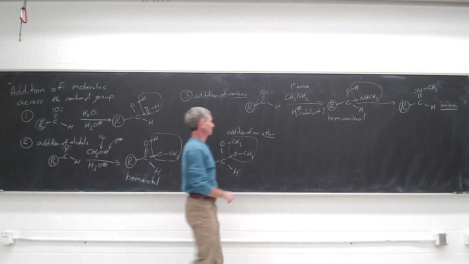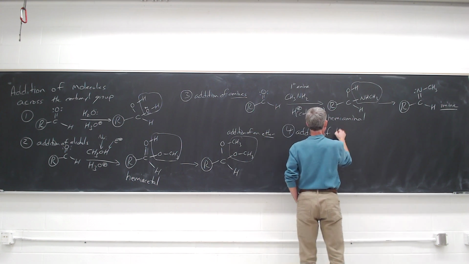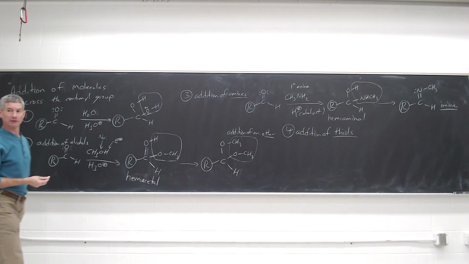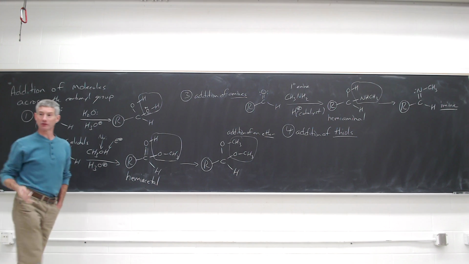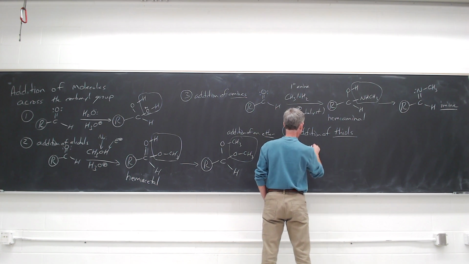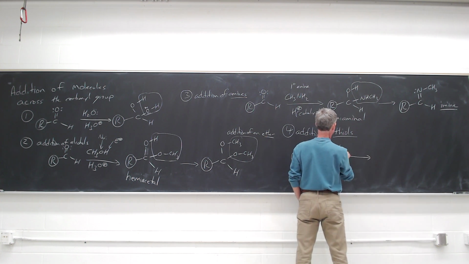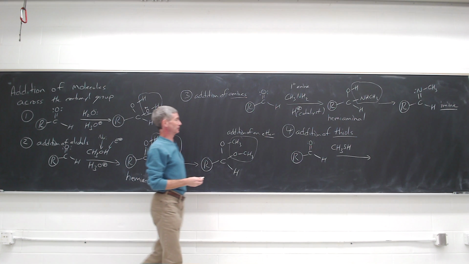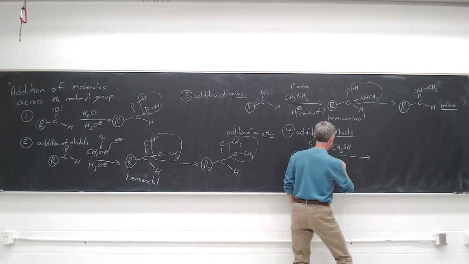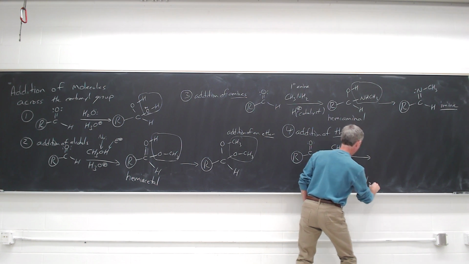We can add thiols. Probably no great surprise, since sulfur is directly beneath oxygen, that if you can do something with oxygen, you can probably do it with sulfur as well. So if we simply use CH3SH instead of CH3OH, the acid catalyst is usually a Lewis acid catalyst.